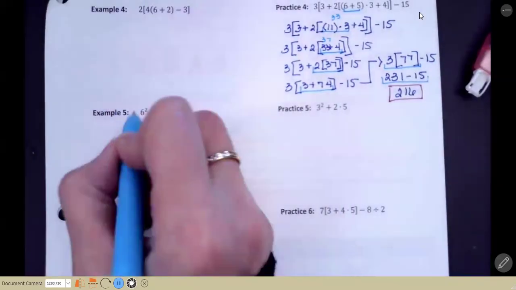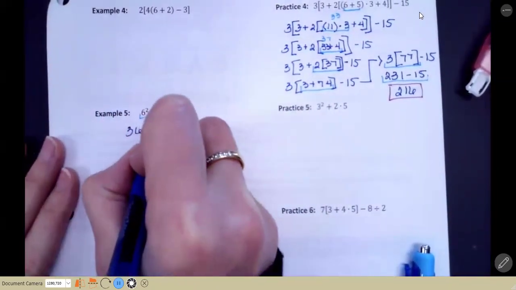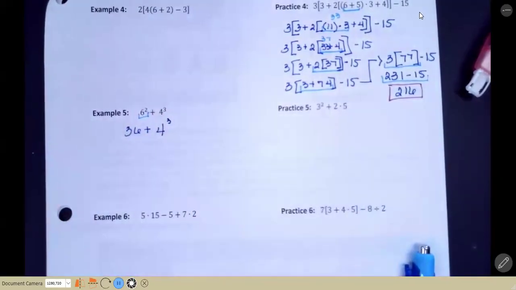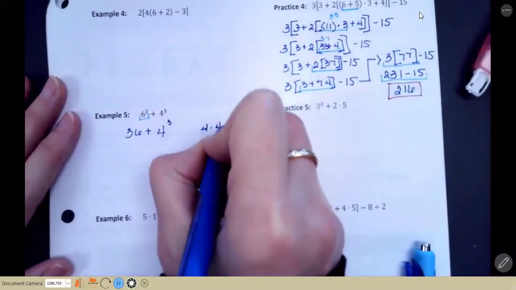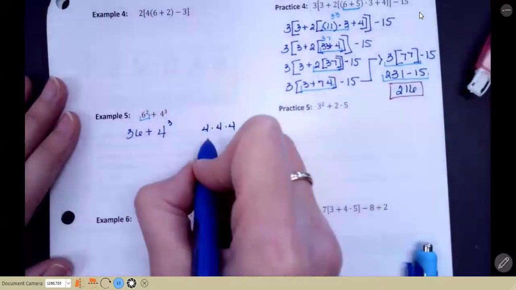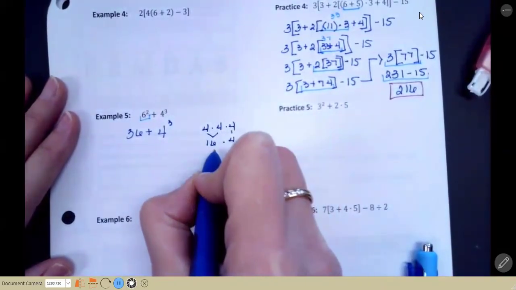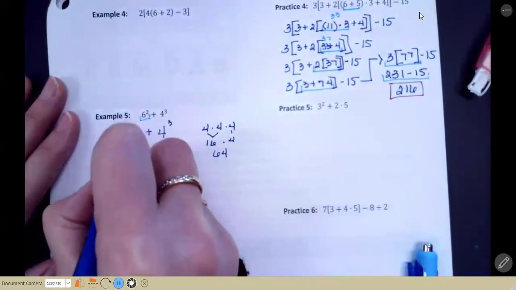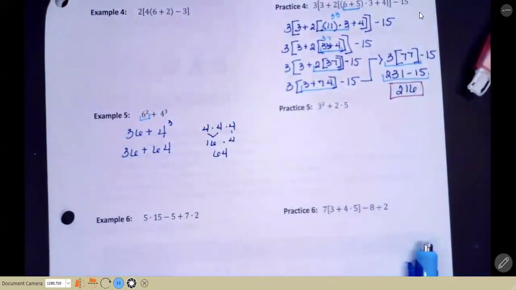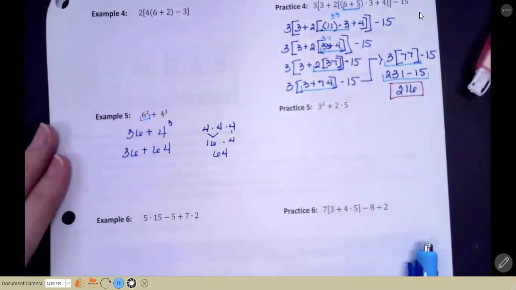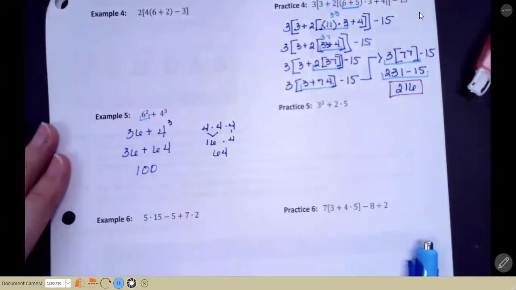If you didn't know what 4 cubed is, remember it's 4 times 4 times 4, and then you get 16 times 4, which is? Is there a question? Please stop me if you have a question. 36 plus 64. There you go.